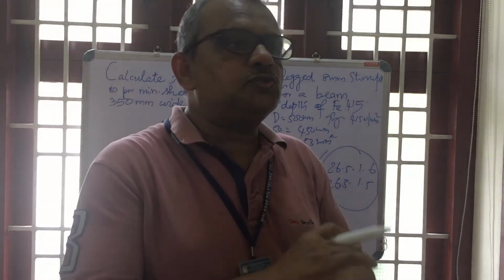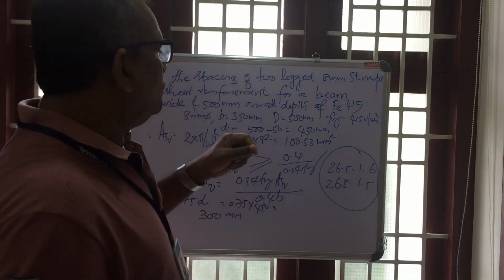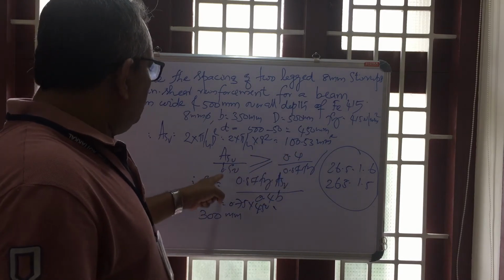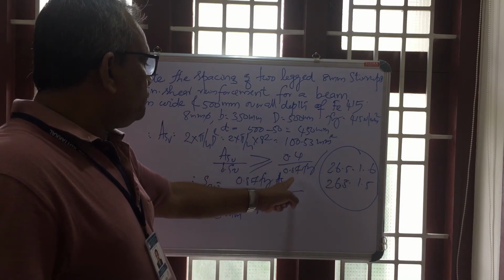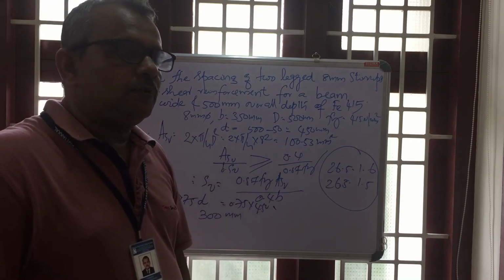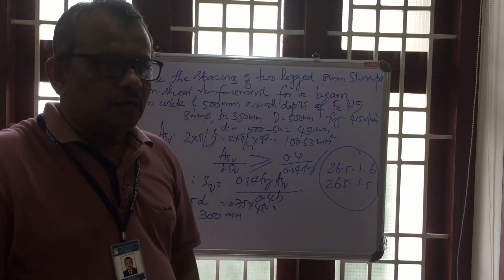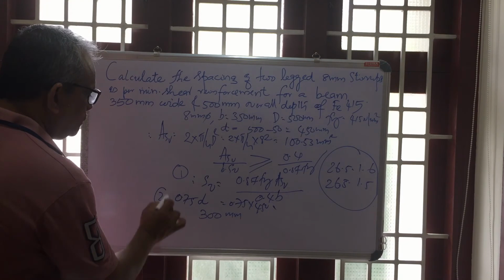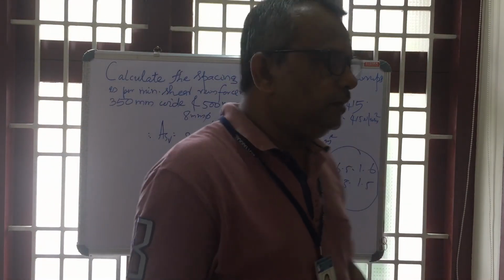So the three values are to be calculated. The first value, as per the code particulars, Asv by b into Sv greater than or equal to 0.4 divided by 0.87 Fy. From that you will get the value of Sv1. And number 2, 0.75 into d, where d is the effective depth of the beam.